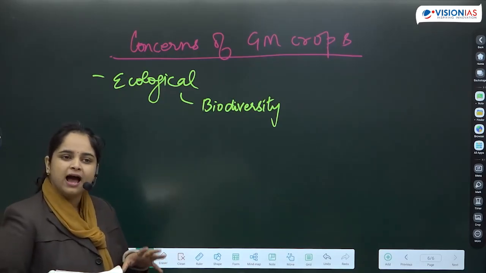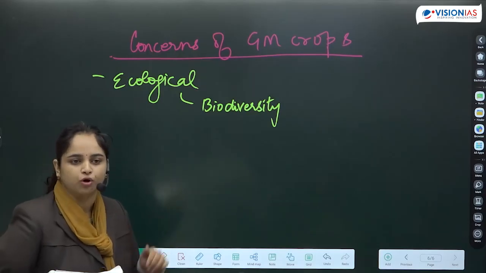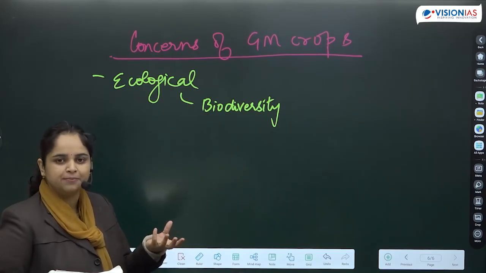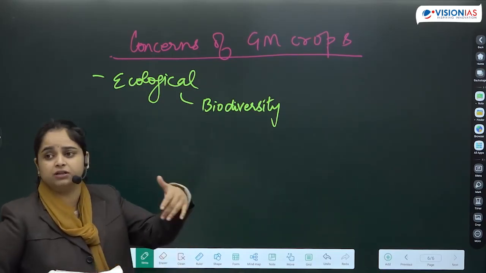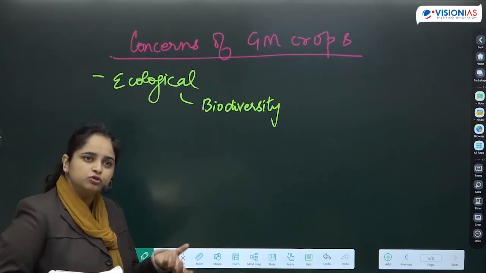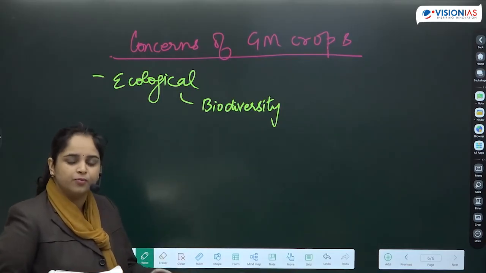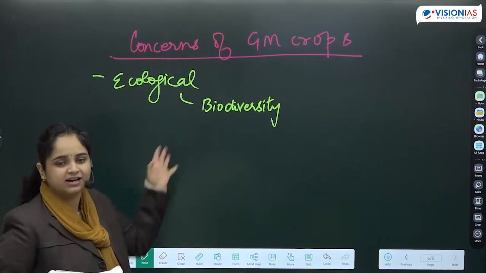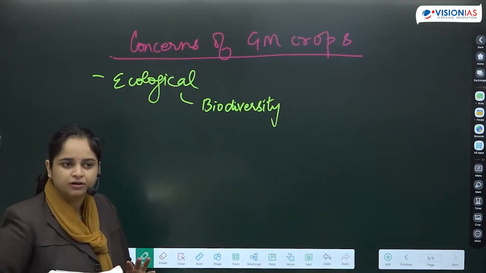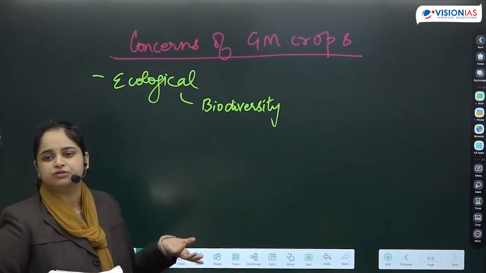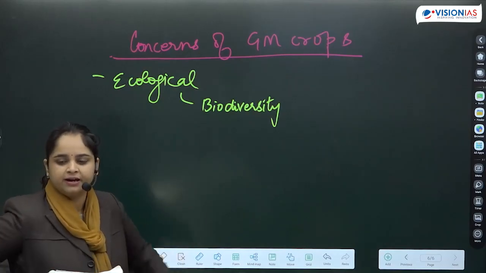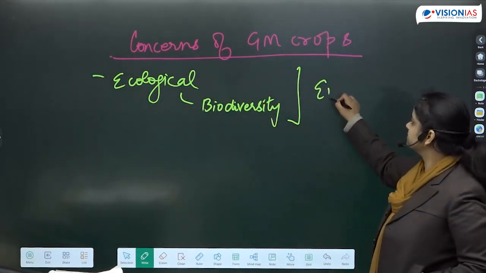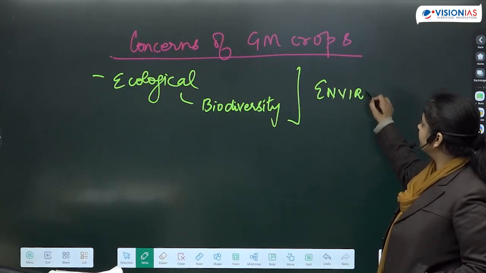And what happens to all the organisms dependent on those crops? The whole system gets unbalanced. And it's not just the biotic factors, not just the plants, animals or microorganisms, but there is also going to be some particular way in which the soil would be working. Which nutrients is it taking, which nutrients are GM crops taking? There might be a variation. So soil suitability, water usage, all these environmental factors can all be impacted. So one big area which we are concerned about is going to be the environment.